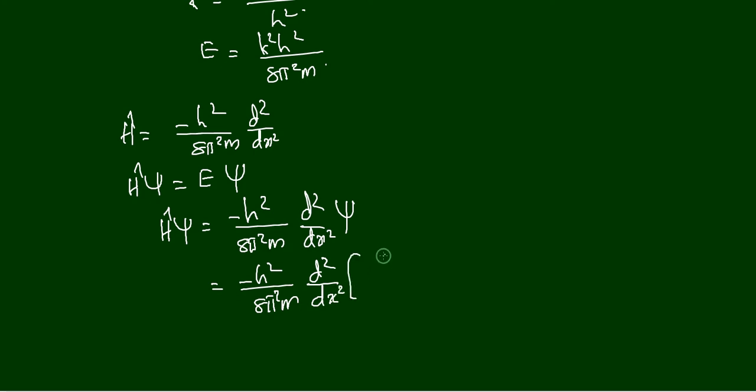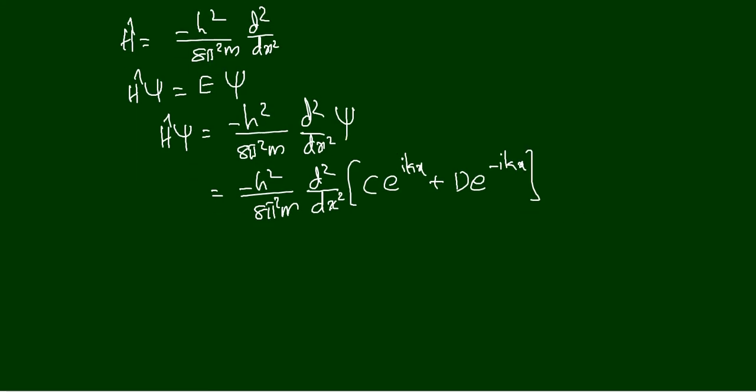C e raised to ikx plus D e raised to minus ikx. That is the value of psi here. So let us now simplify. That is equal to minus h square divided by 8 pi square m, then d by dx, the first derivative of this one.